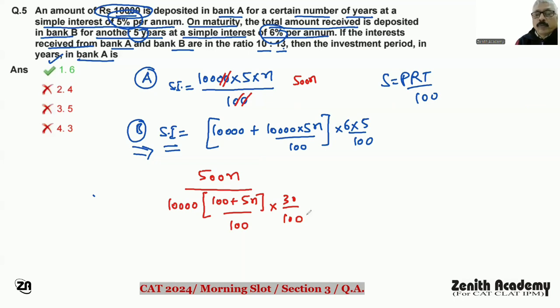So 1, 2, 3, 4. And here this cancels. And this ratio is actually given equal to 10 by 30.